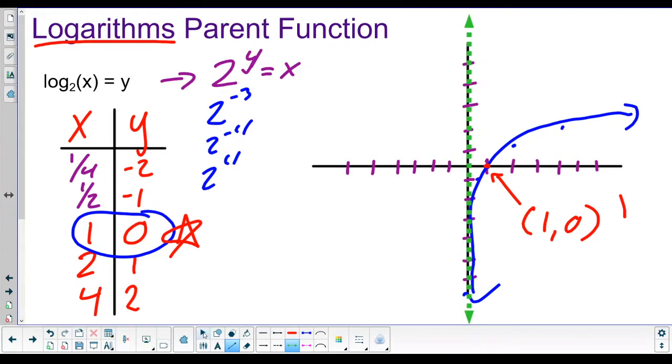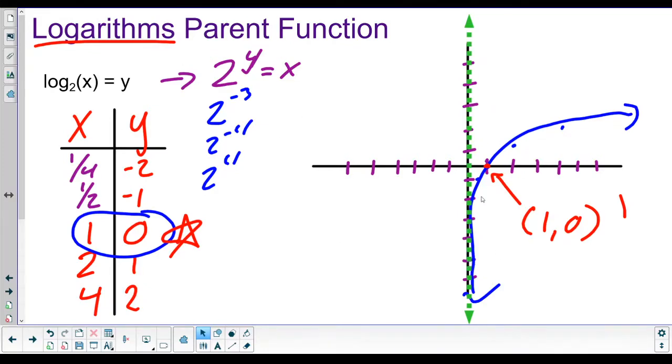So there is a vertical asymptote for all logarithms. And the logarithms will get really close to that and then just diverge off to one side. They won't ever cross it, and you'll only ever be on one side of it. So it'll either be on the right entirely or on the left entirely. And we'll talk about where this comes from and how to find the equation very, very easily later.